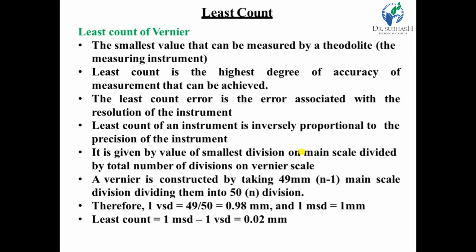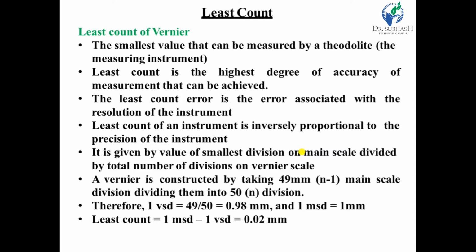A vernier is constructed by taking a 49 mm main scale length and dividing it into 50 divisions, so one vernier division is 0.98 mm. One main scale division is equal to 1 mm. We are taking 1 mm, and 0.98 is approximately 1 mm.